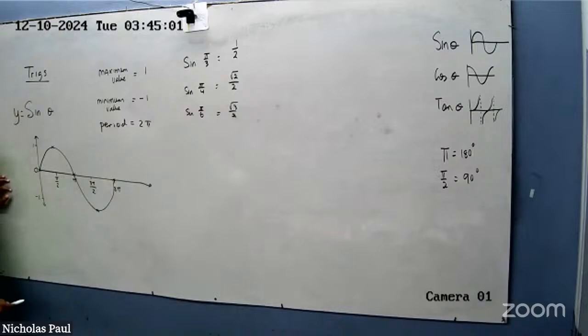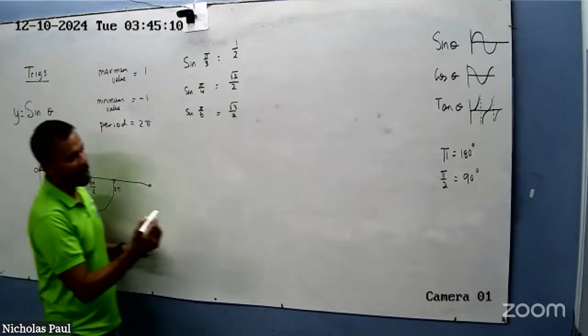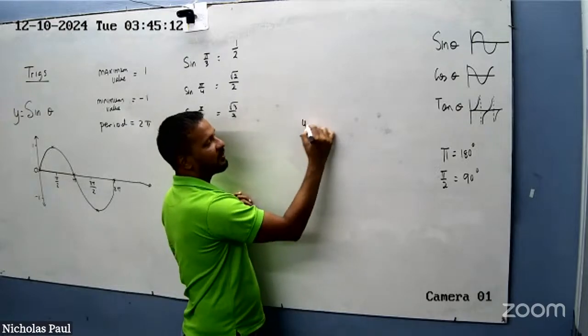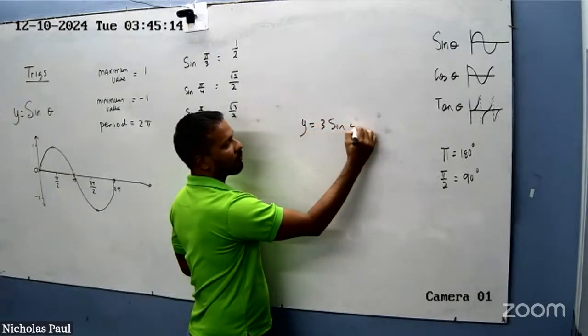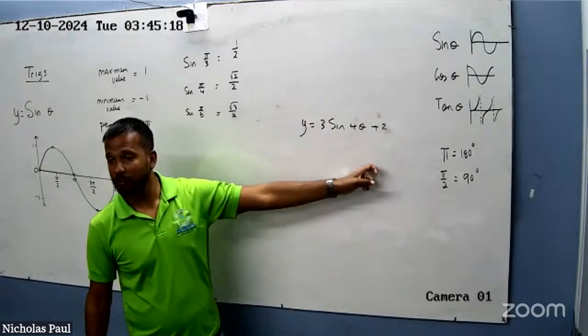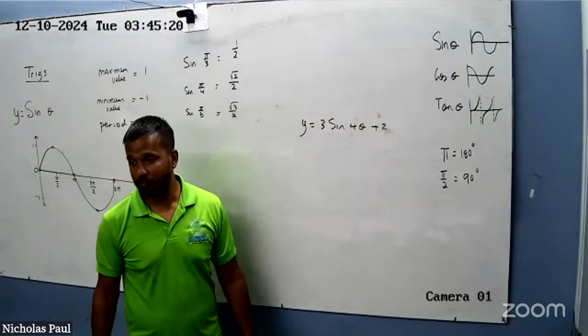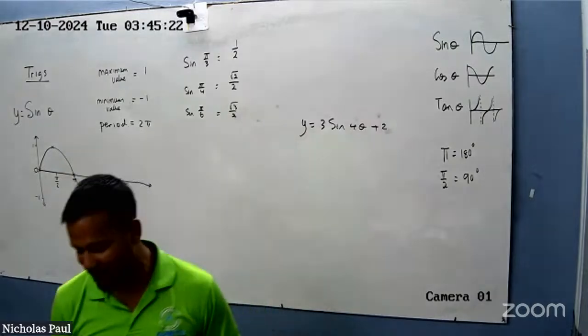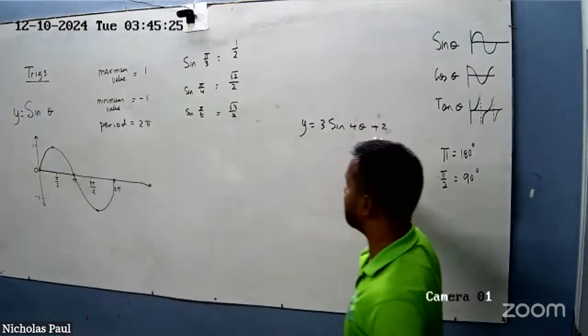But we need to also be able to sketch any form of the sine graph based on these little things. You have to learn to sketch that. So we need to be able to sketch functions of this form.